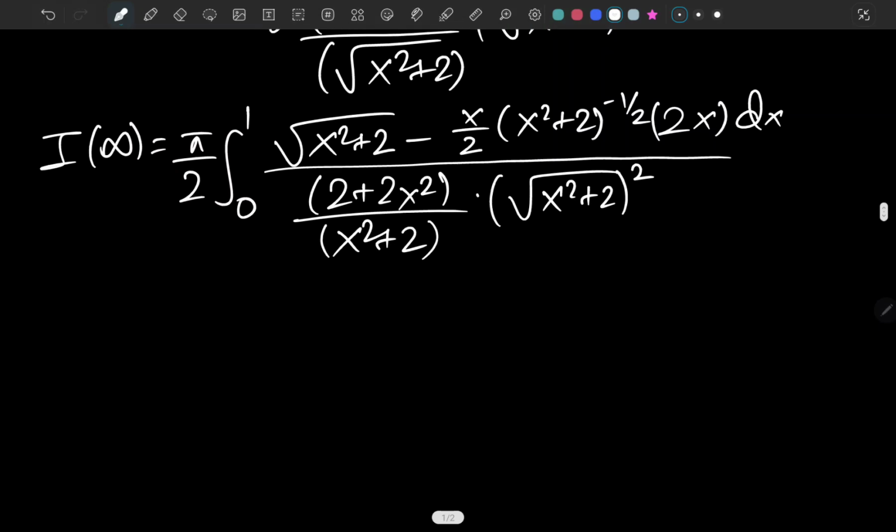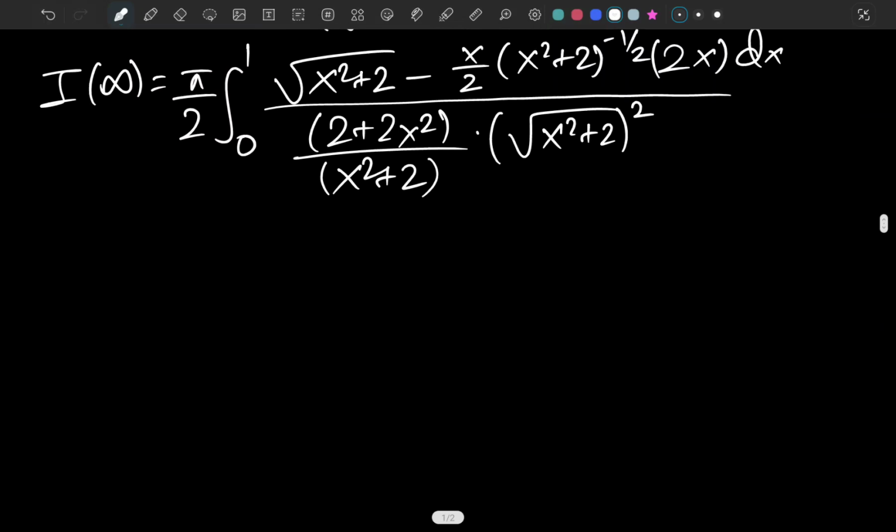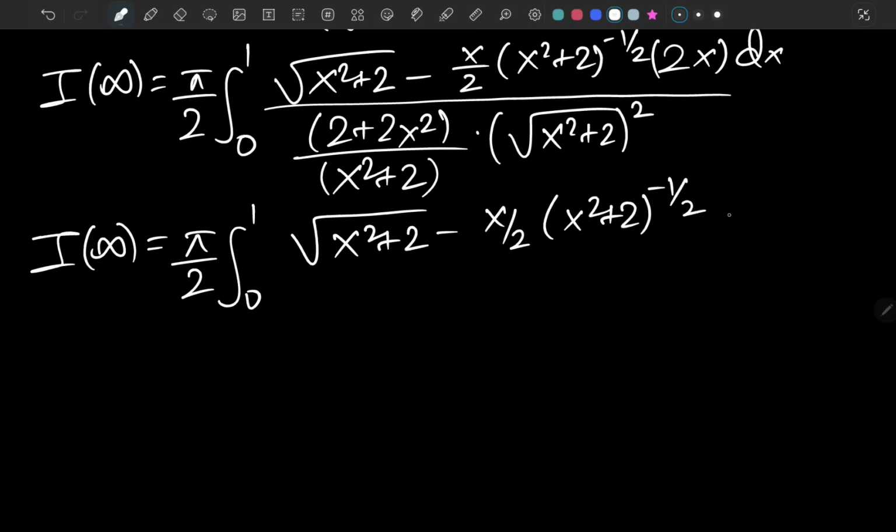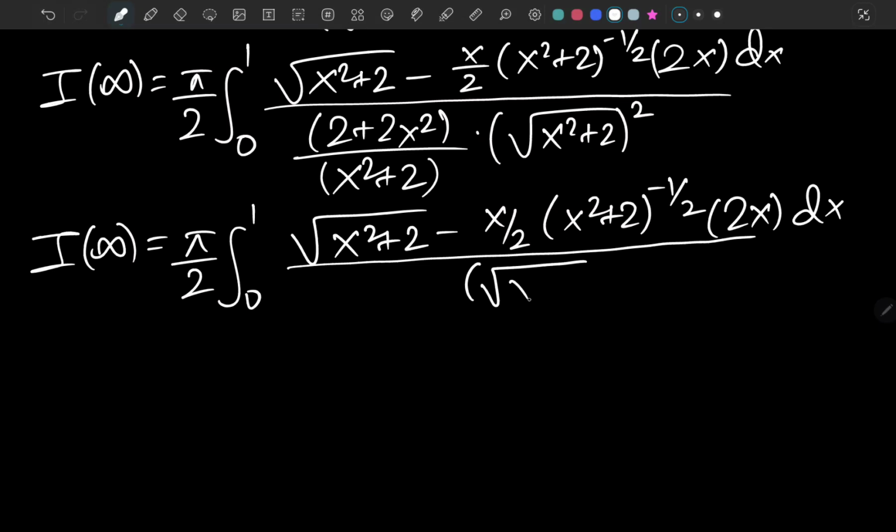Next, we are just going to take pi over 2 integral from 0 to 1 of x squared plus 2 minus x over 2 times (x squared plus 2) to the negative half and then 2x dx, over (x squared plus 2) whole squared. With division this thing comes out.